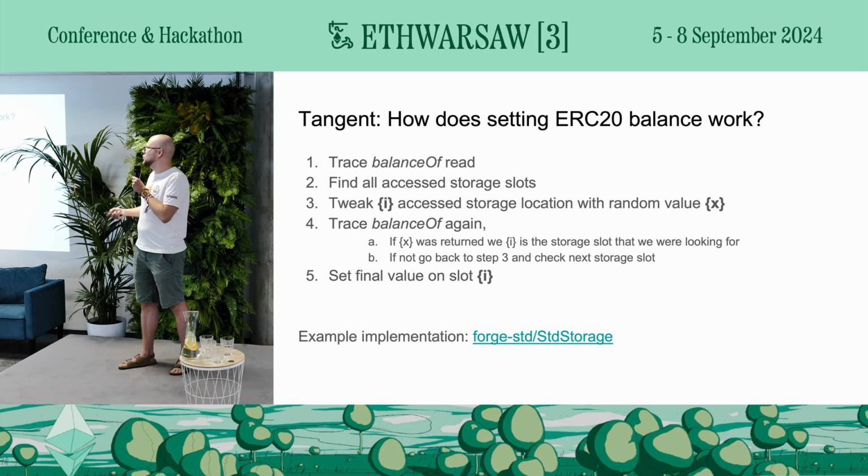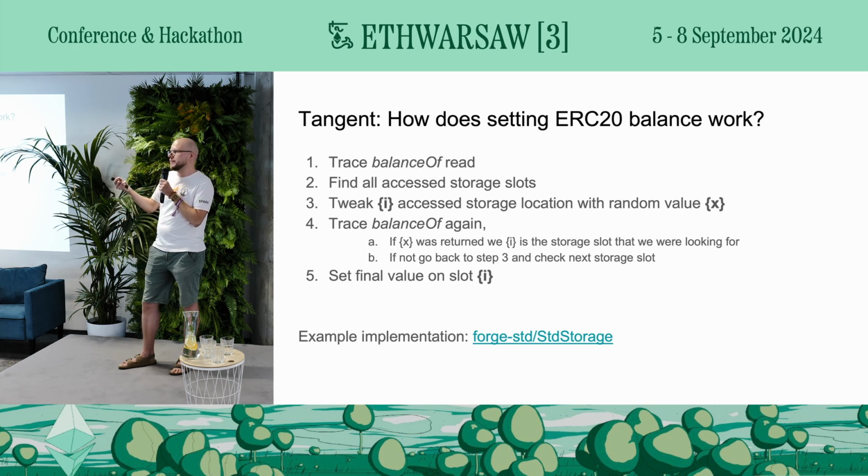The idea would be to trace this balanceOf read. Tracing means inspecting the state of the virtual machine for every single opcode. Here we could find opcodes that read from Ethereum storage, these are SLOADs. We could find a list of them and iterate through them.